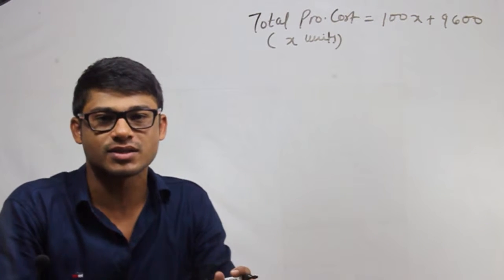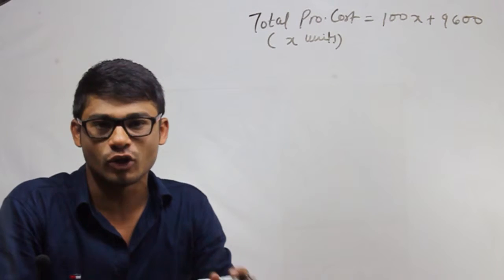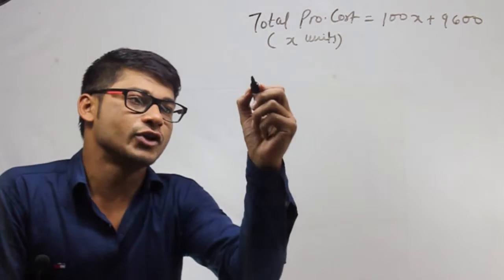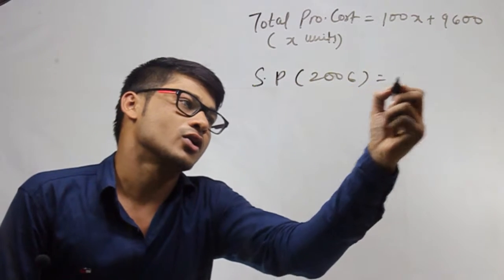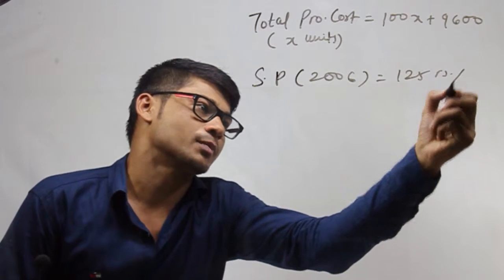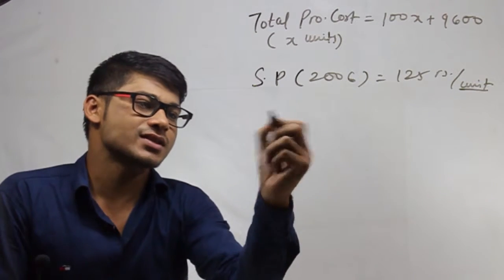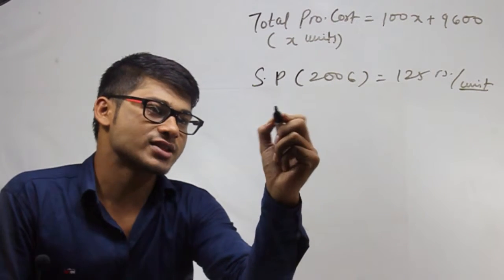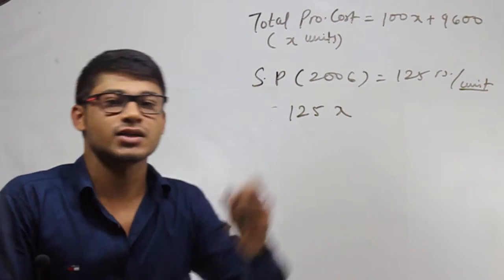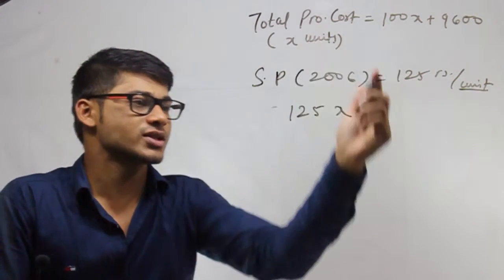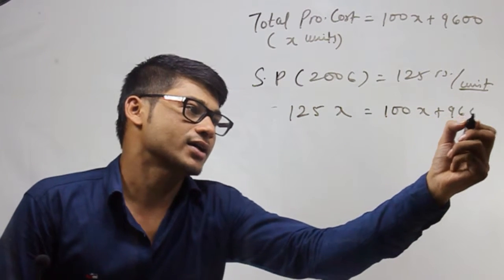Okay, now the question asked is, what is the minimum number of units the company needs to produce to avoid any losses? Now look, we know the selling price in 2006 is 125 rupees per unit. So if the company sells X units, the total selling price will be 125x. Now we know the production cost is 100x plus 9600.